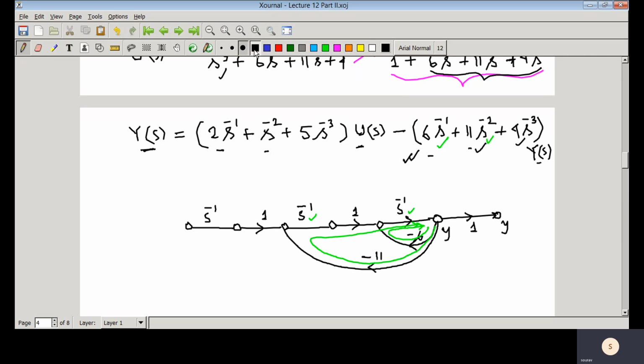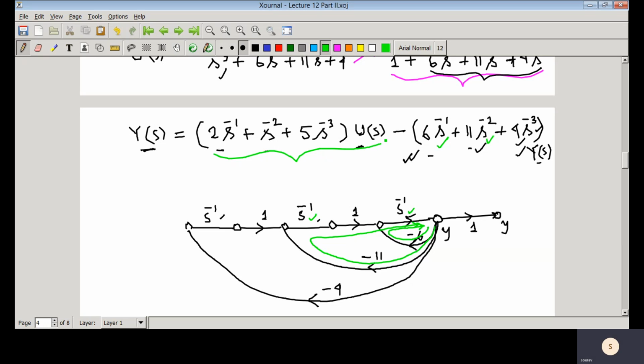And here you can see, if you just make this loop with the gain, say minus 4, then the third term is satisfied, because here you can see s to the power minus 3, here s to the power minus 3 are there. So now we are going to realize this part.